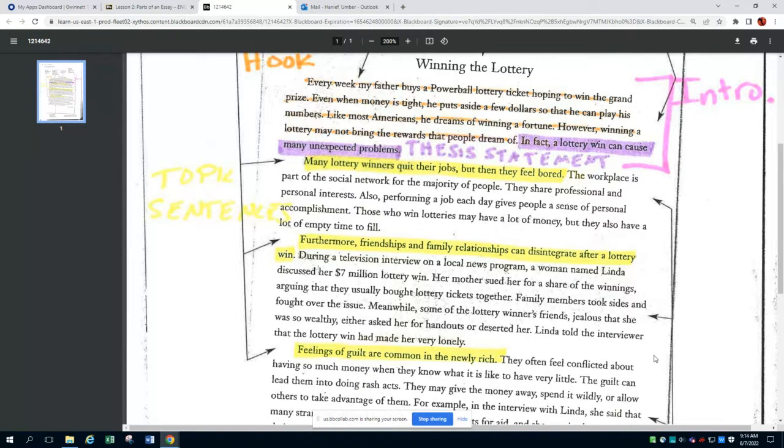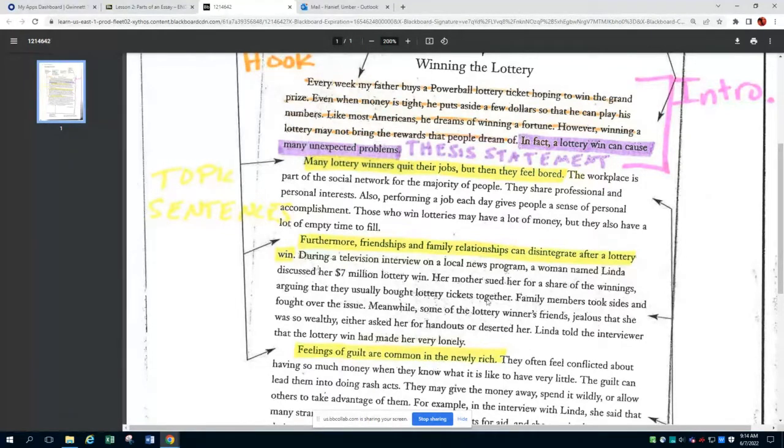So I'm going to read the three yellow sentences just in case you can't see them. Many lottery winners quit their jobs, but then they feel bored. The second one: Furthermore, friendships and family relationships can disintegrate after a lottery win. The third one: Feelings of guilt are common in the newly rich.